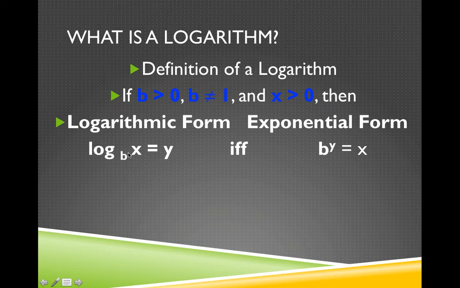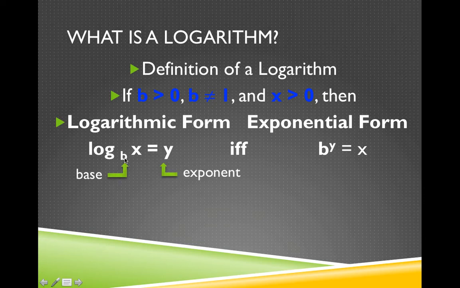Notice that b, which is the base, must be positive and cannot be equal to 1, and x, which is the number, is going to be a positive number. It has to be greater than 0. These two things are very important. The base must be positive and cannot be 1, and this x must be positive.